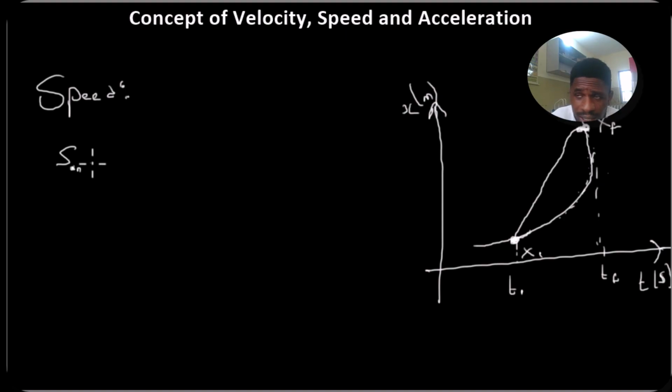Remember the example I cited when we were talking about speed? When your car is driving and at that particular moment you look at your speedometer and you're seeing a particular speed, whether 60 meters per second or 80 kilometers per hour or 120 miles per hour or any other unit that your car is using to measure speed. That speed you're getting directly from the speedometer is your instantaneous speed, because it is the speed at that particular instant.